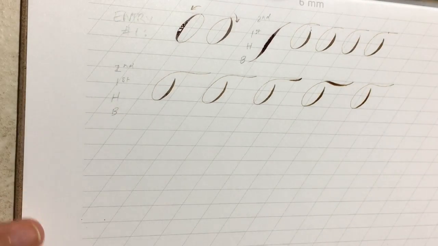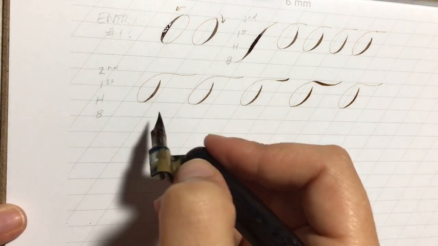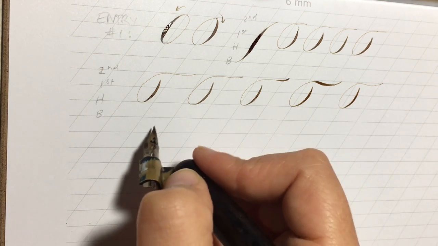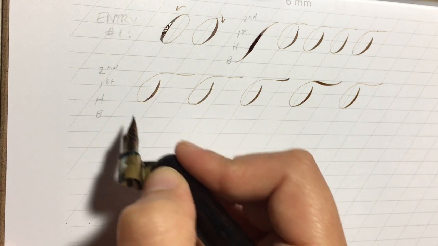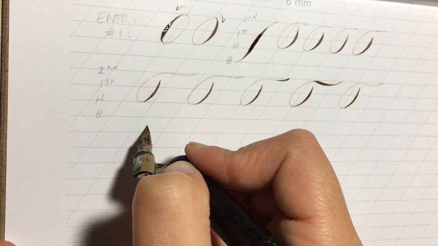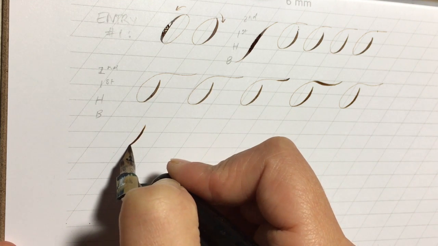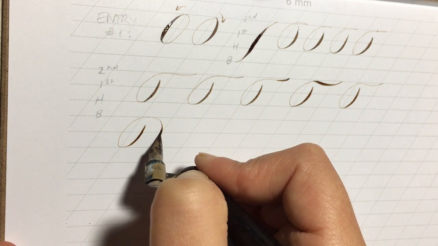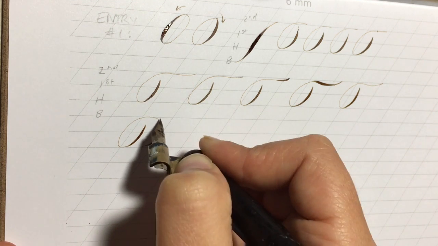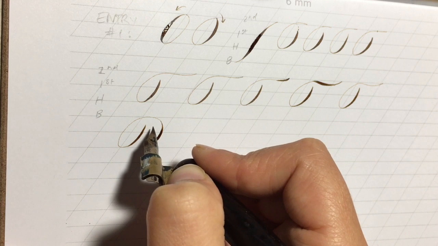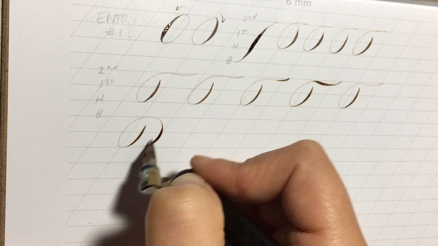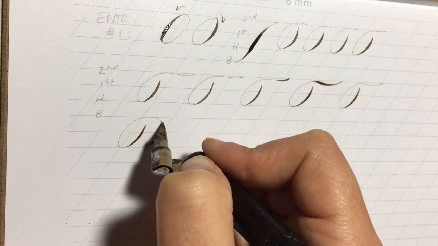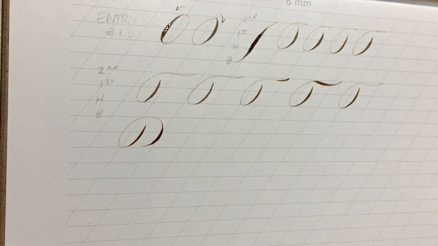The second variation, and honestly this is the hardest for me to make. The next one, I'm going to ignore these lines, I'm just going to start it right here, but it starts the same way with this indirect oval, come up to the second line, continue around with another indirect oval, except you stop right here. So it's pretty much the same shape as this, maybe a little bit more curved on the side.